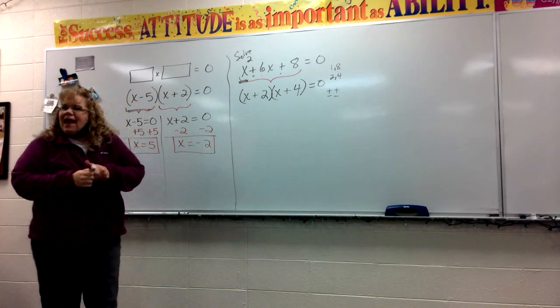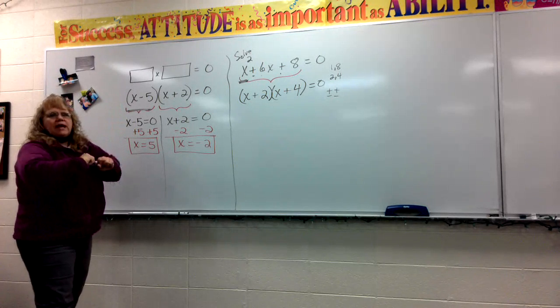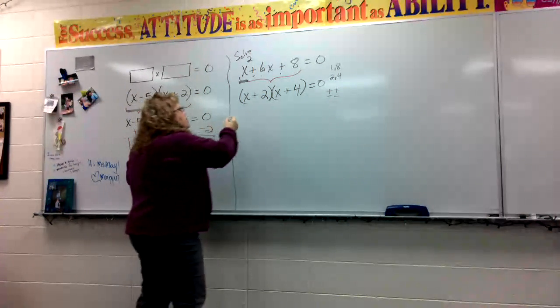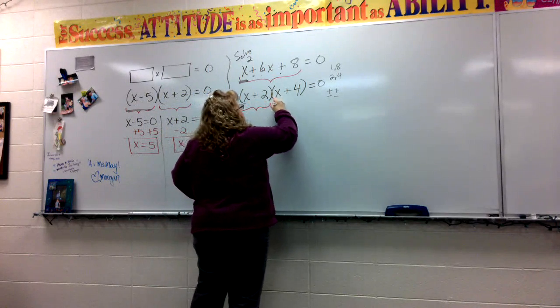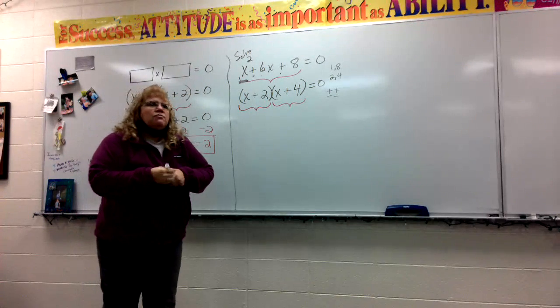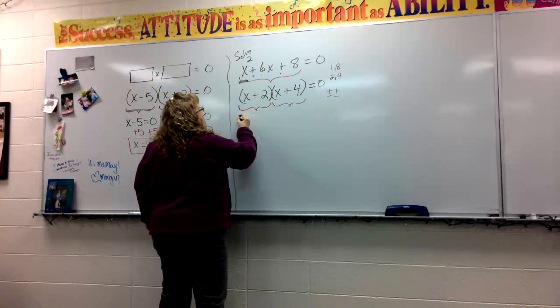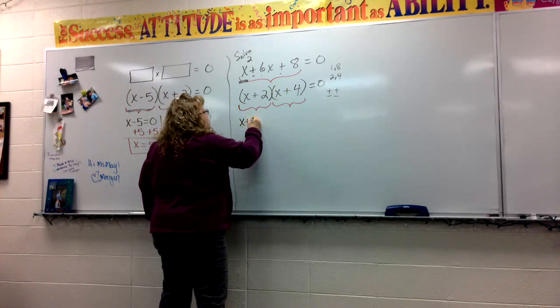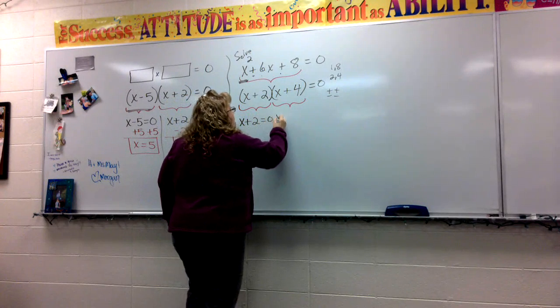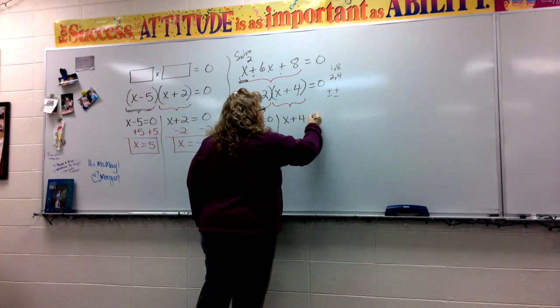Once you have it factored, now that's where you have the two things multiplied together equals 0. This thing times this one equals 0. What does that mean? That means one of those quantities has to equal 0. So either x plus 2 equals 0 or x plus 4 equals 0.